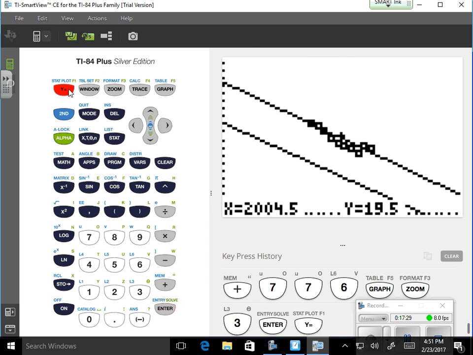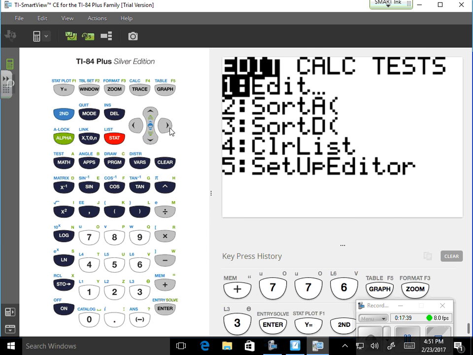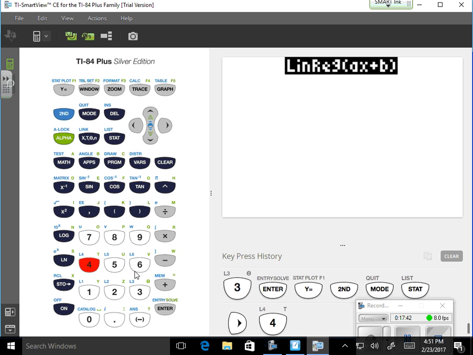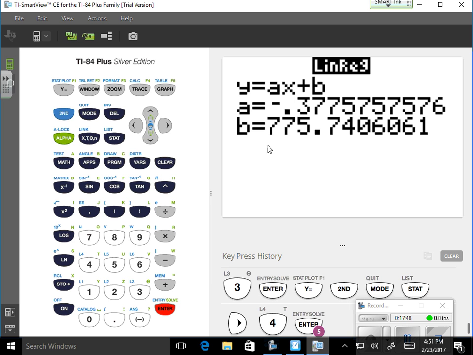Maybe if I round better. Let's look at it one more time. Stat, calc, 4. Negative 0.38x plus 776. Okay.